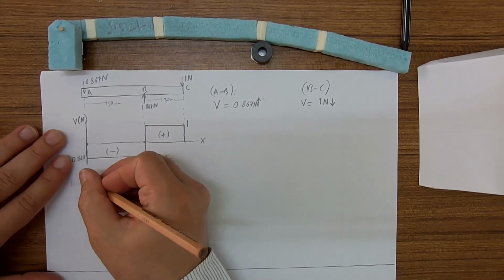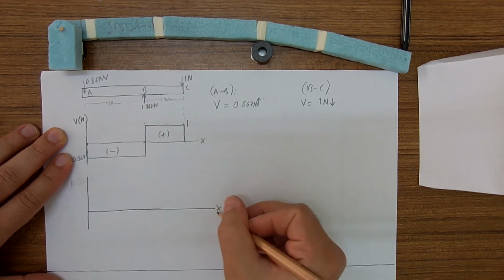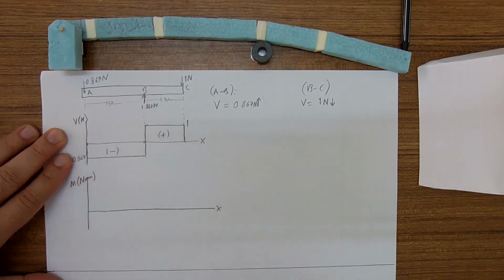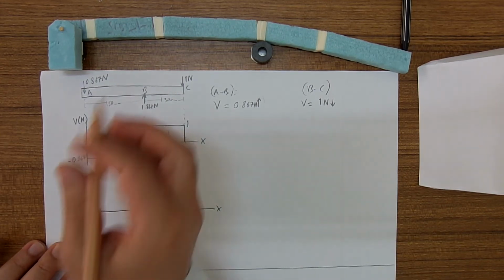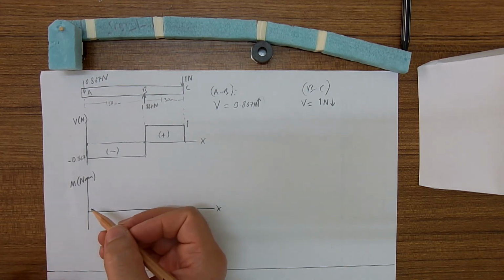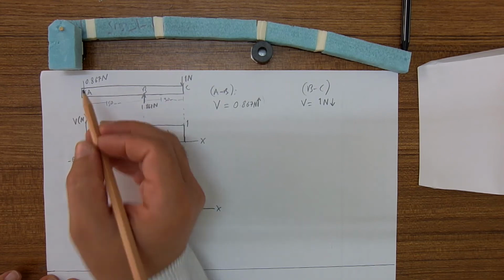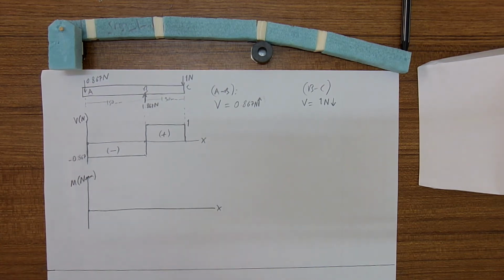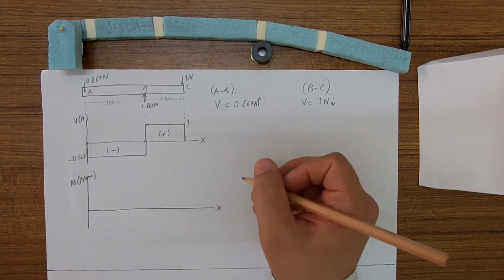Okay, we carry on to the moment diagram. Our unit was Newton millimeter. So what is the moment at the beginning of the beam? It is 0 because there was no moment reaction at point A. If we talk on the equations that we just created, what was the equation between A and B for moment?